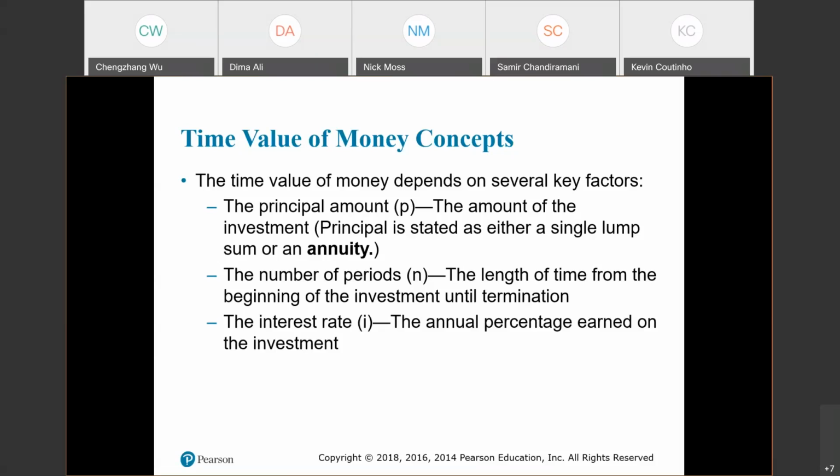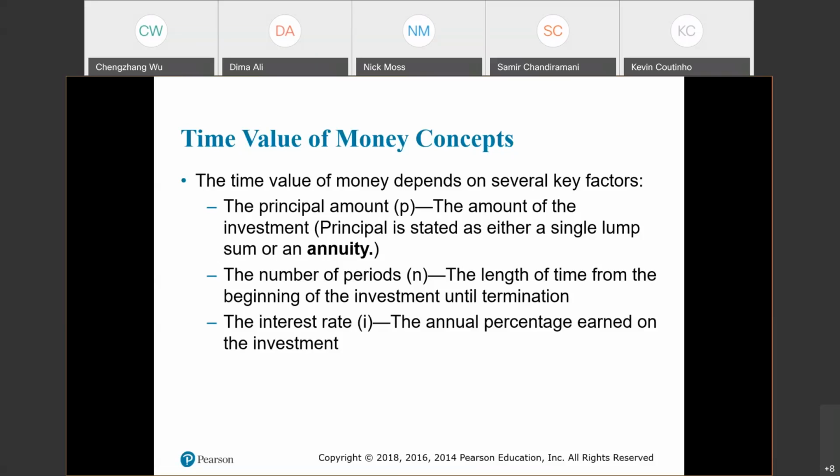Concept number two, the number of periods, which stands for the letter N. It means the length of time from the beginning of the investment until termination. All else being equal, the shorter the investment period, the lower the total amount of interest earned.